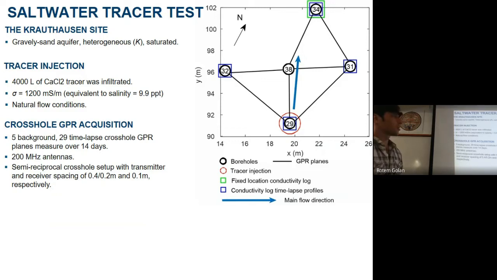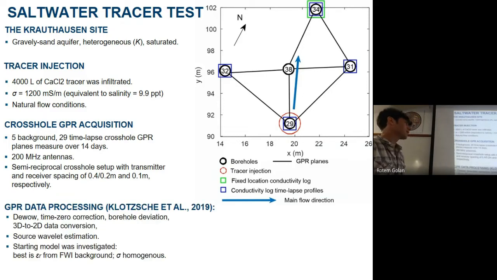Also, we measured electrical conductivity of the water in the boreholes. So we have these monitoring boreholes that we can get some validation that our results from the geophysics are valid.